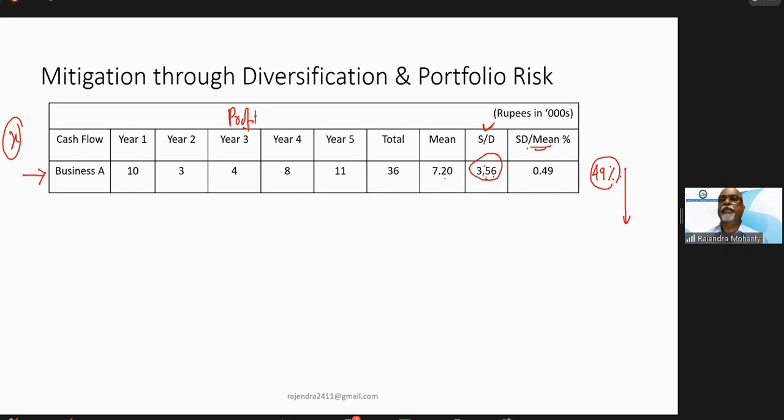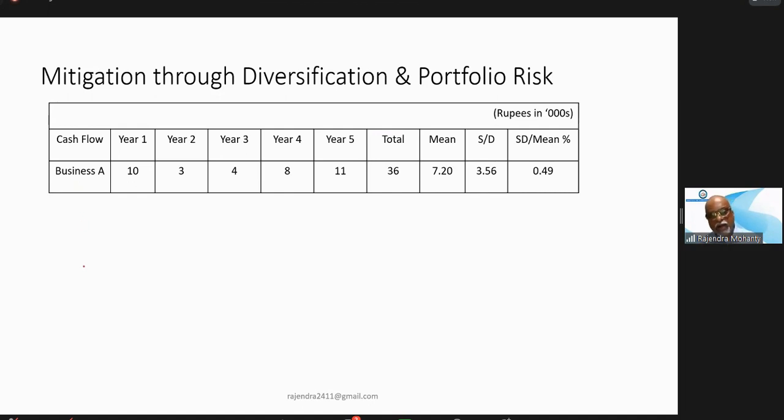Okay, so if you have understood this, then we will see how the diversification works, how Mr. X can diversify his business to lower this risk of 49%. Is it clear? Have you understood this? Okay, fine. So now this is the 49%.